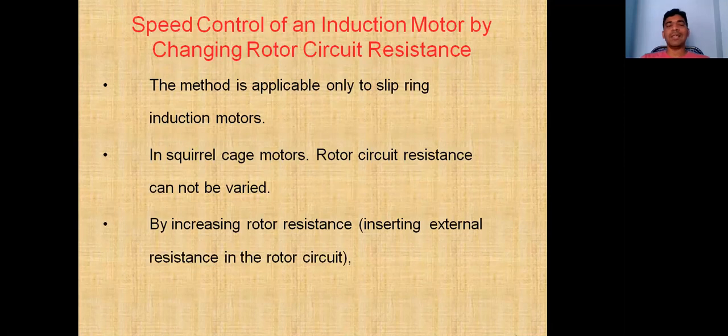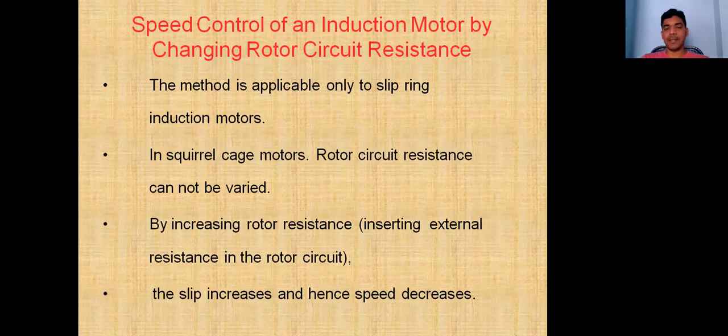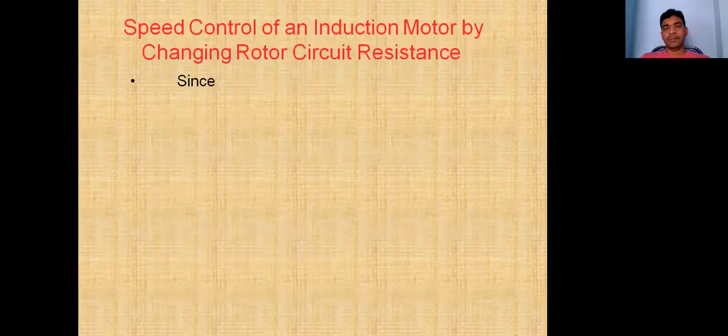By increasing the rotor resistance, the slip increases and hence the speed decreases. So by inserting external resistance in the rotor circuit, slip increases and speed decreases.